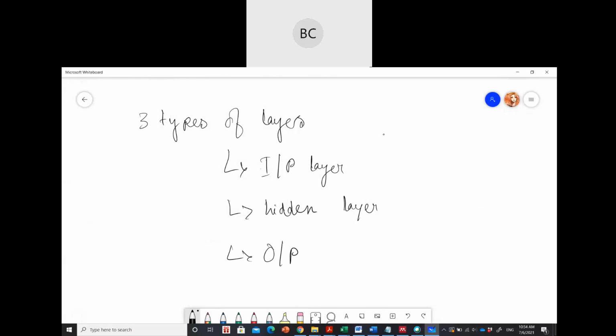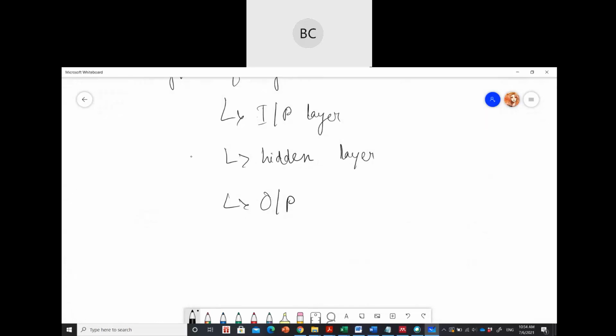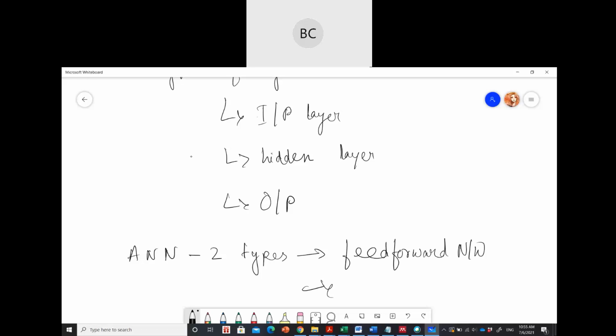That is for the MLP. Apart from that, your artificial neural network is of two types: one is the feed forward network and the other is the feedback network.